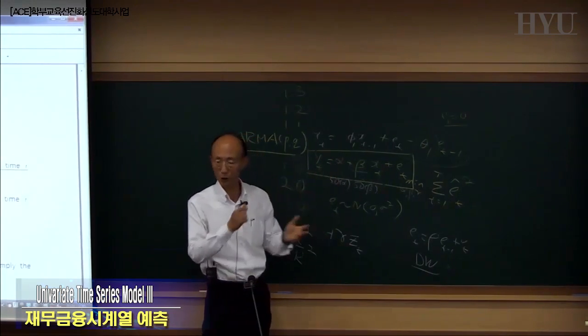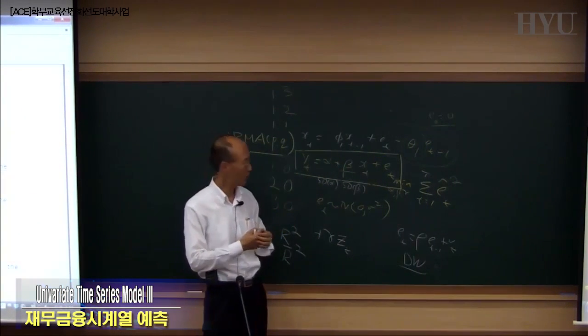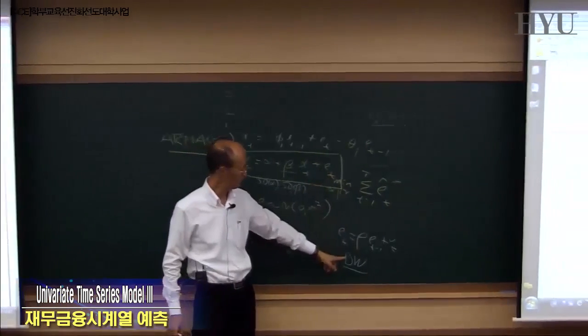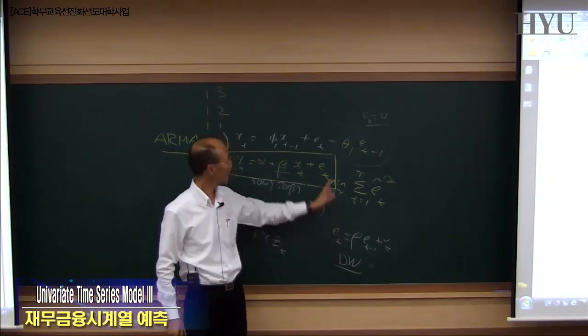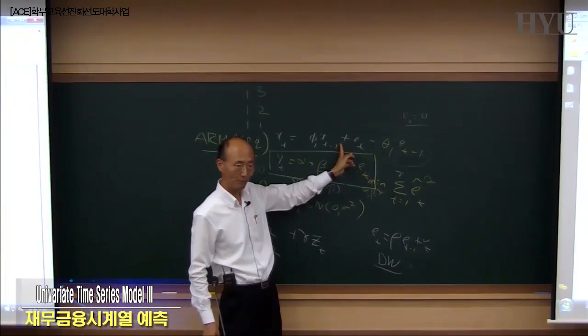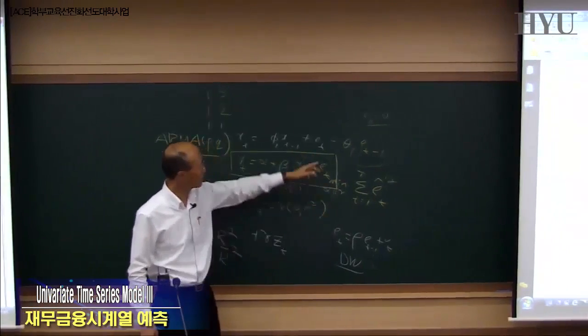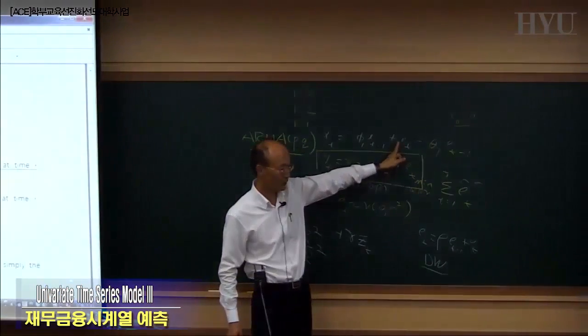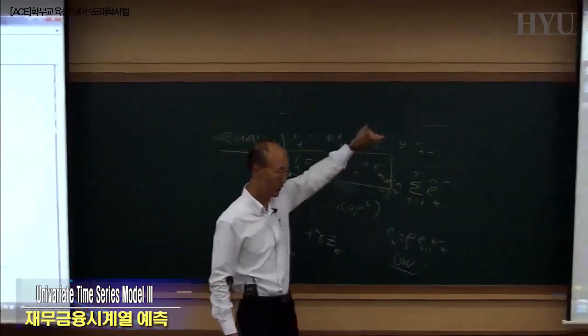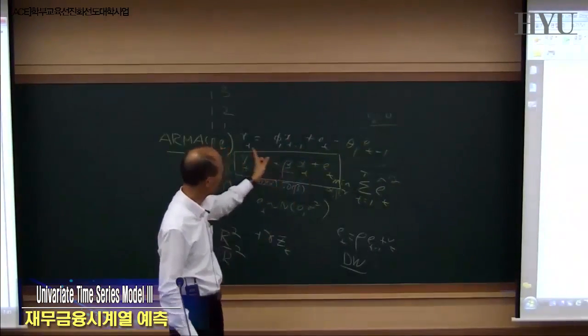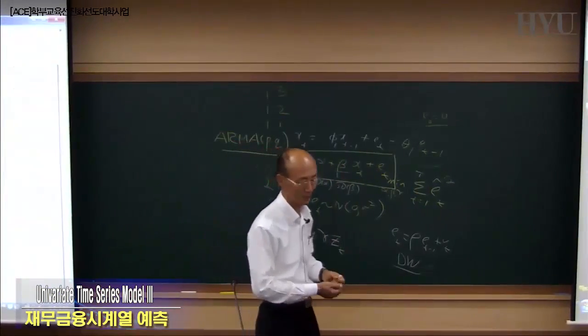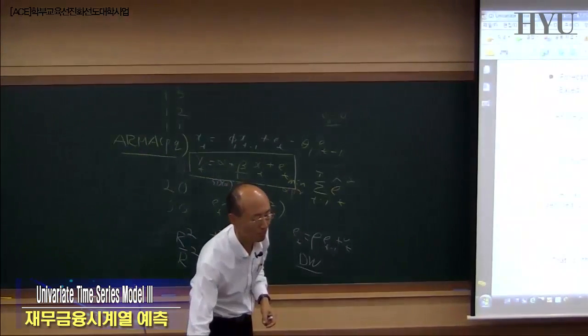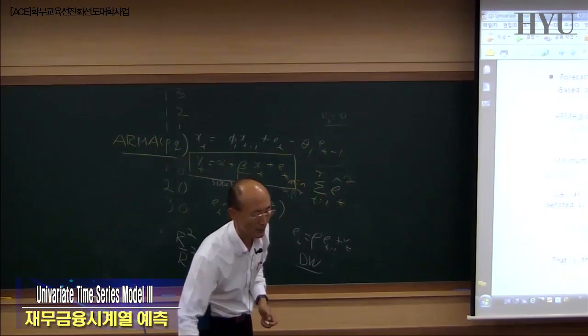EViews doesn't distinguish it, right? So EViews reports this from even this equation, but you can actually check the Q statistic for this one from another menu after running a regression.